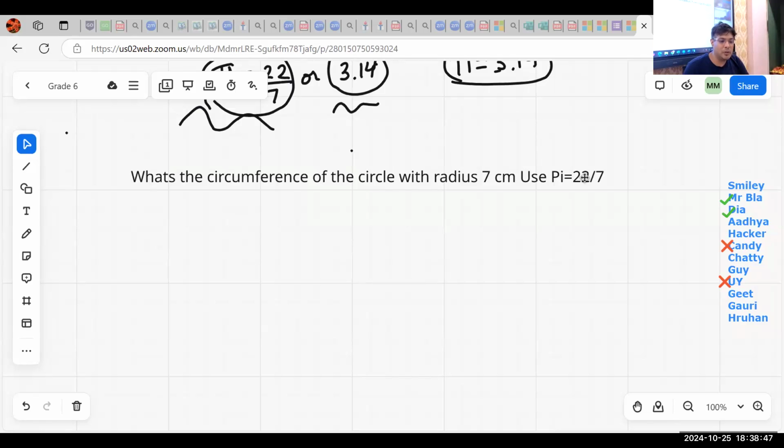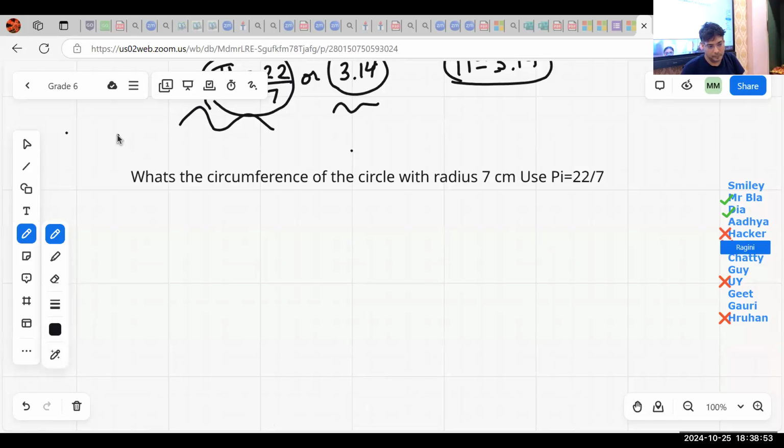So I will just give one question. And for this grade, I will stick to the formula pi d. The 2 pi r formula, we will do in the next grade.